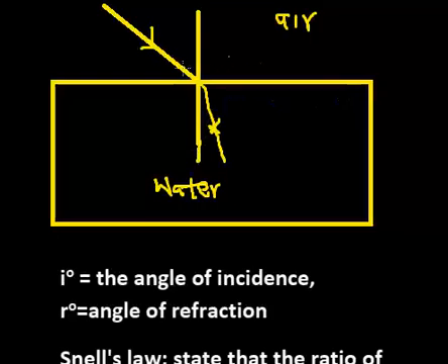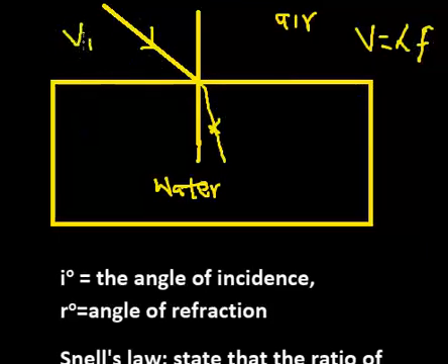There's one thing you should know about refraction. Whenever light undergoes refraction, something changes, because we know that the velocity of light is given as wavelength times frequency, and for the two mediums the velocity differs. If light moves from one medium to another, the velocity changes.